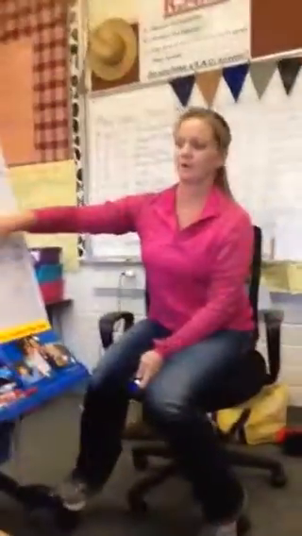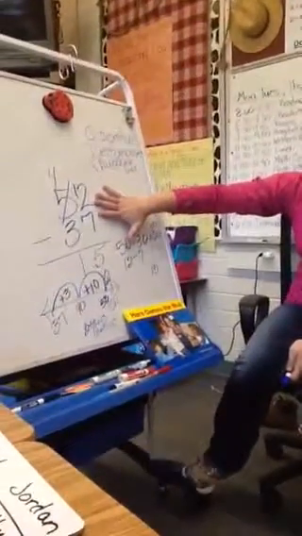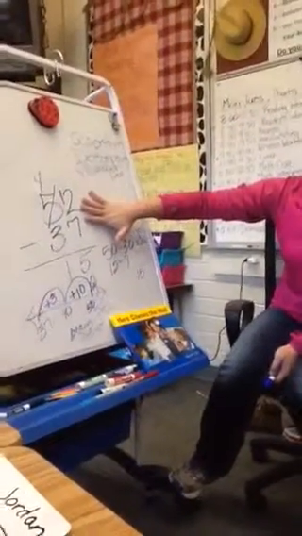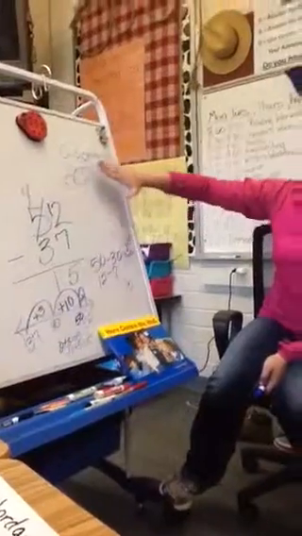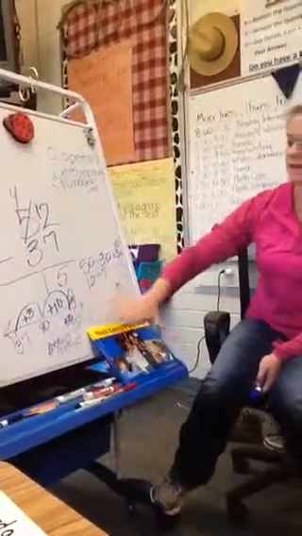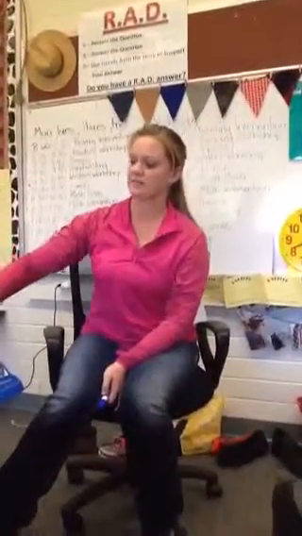I've showed you 3 different ways to do a subtraction problem where you have to borrow, where you have to regroup. I want you to choose which one you want to try to do this next problem on your board. Are you ready? I'm going to leave the 3 different examples up here, and I'm going to give you a different problem.